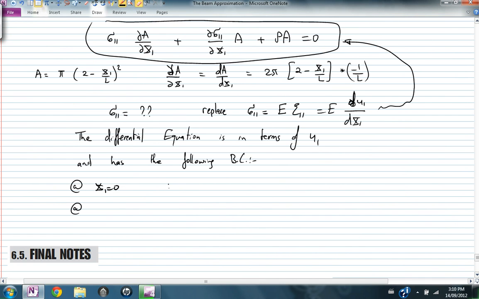At the top of the beam, the vertical displacement is 0, and at the bottom of the beam, the stress, which is E multiplied by epsilon on 1, which is E multiplied by du1 by dx1, is in fact equal to the force divided by the area, which is P divided by pi r squared, and r is equal to 1 meter.